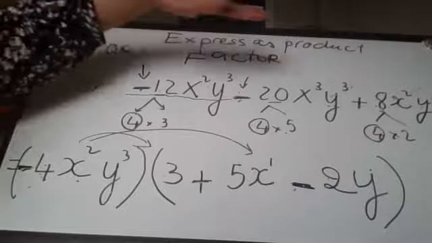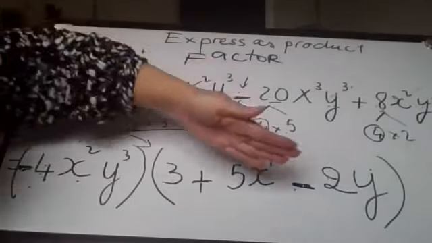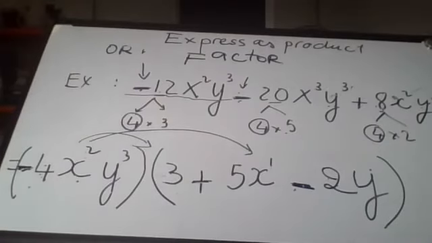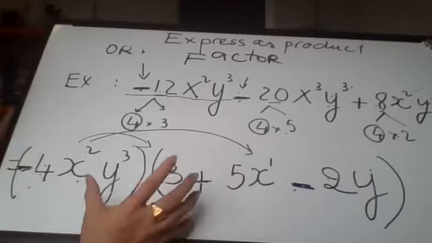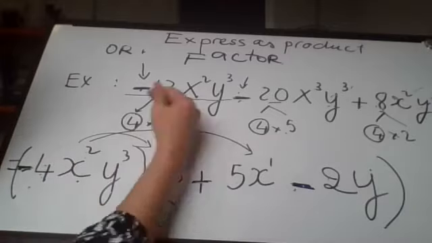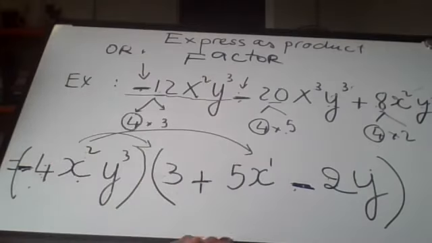So remember this expression is equivalent to these two brackets multiplied together. Okay, now in the past you learned how to multiply polynomials. So when you distribute, you multiply these two brackets. That is the previous lesson we learned, multiplying polynomials.